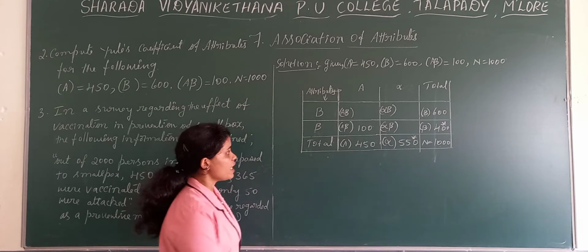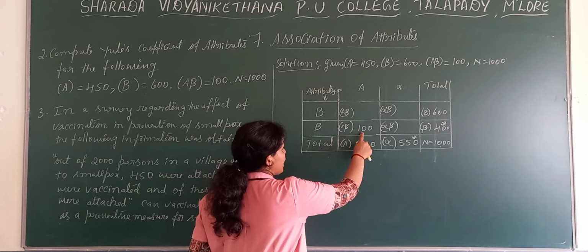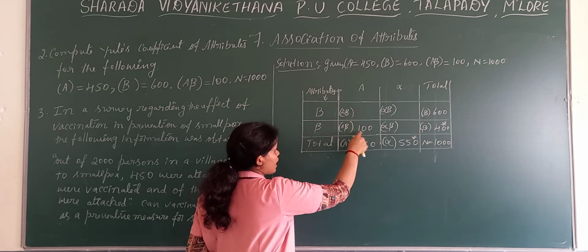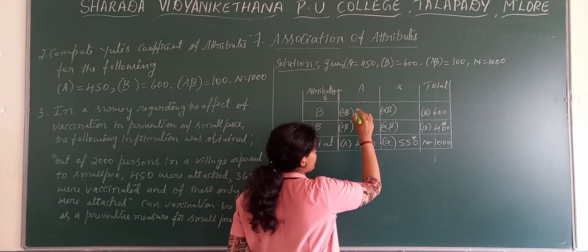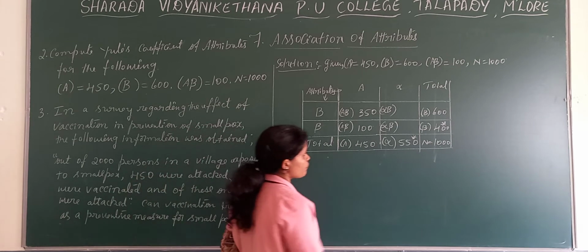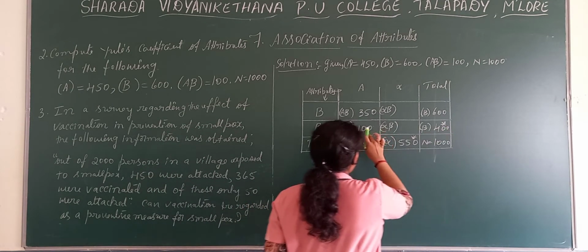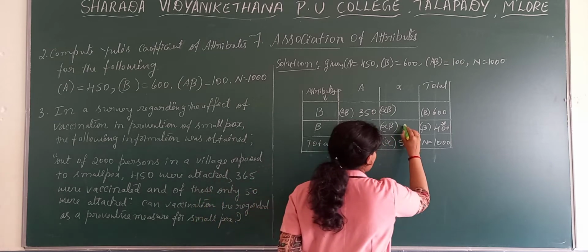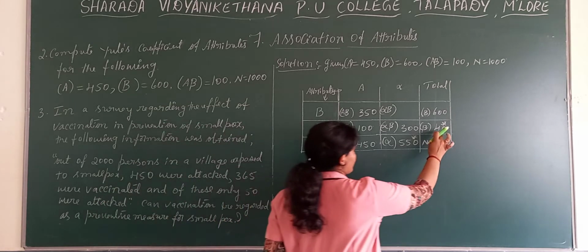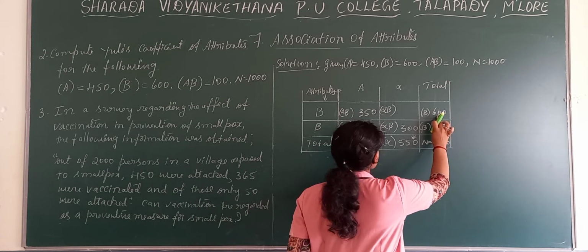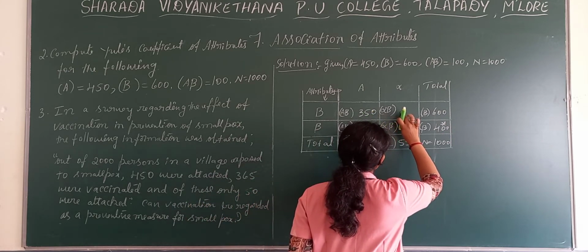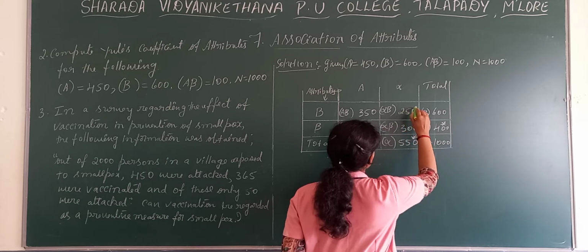Now the values we calculate we will mark with a star, so that we can easily identify them. Here A is 450 and A beta is 100, so what is the value of AB? AB is 350. So 350 plus 100 is 450. Now here it is 400 and here there is 100. What is remaining? 300. Alpha beta is 300. 100 plus 300 is 400. Here B total is 600 and AB is 350, so the value of alpha B is 250.